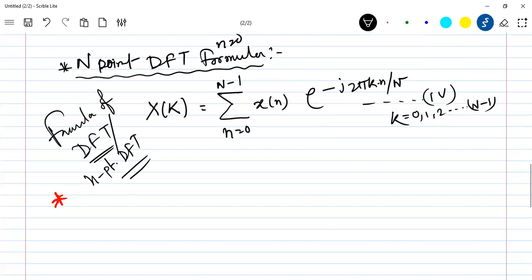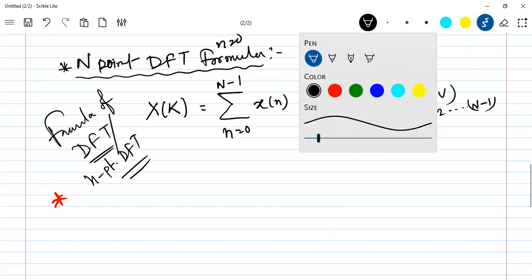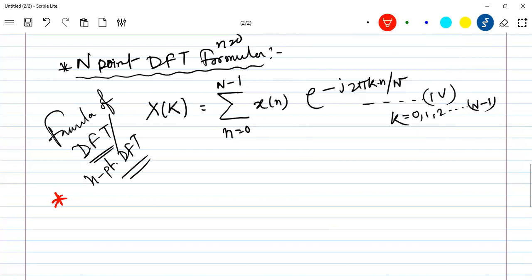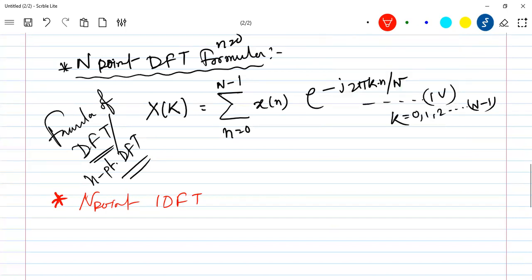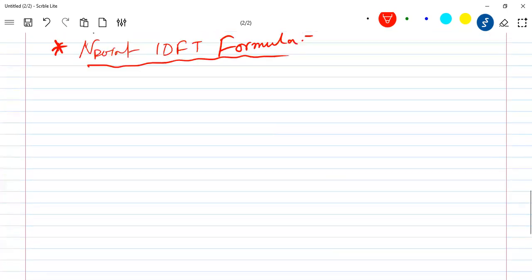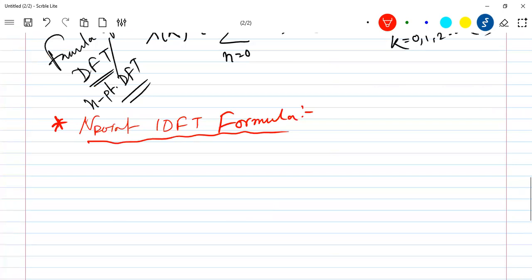Just a second. So now we write the N point IDFT formula. Today I am just taking the recapitulation. Next week I will take the rest of the DFT.